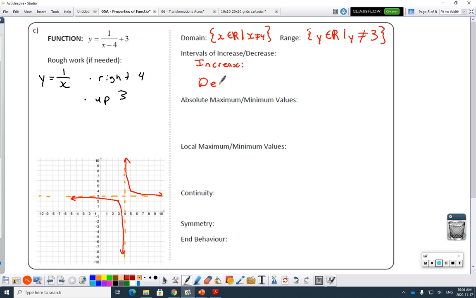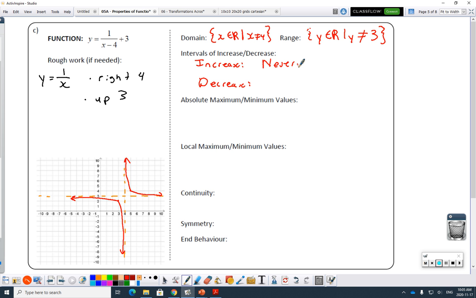And this is very weird too. Increasing and decreasing. The graph 1 over x, check out this part. Decreasing, always decreasing. This part always decreasing. This thing never increases. That's very strange when you look at it, because it looks like it's all over the place. But if you actually look at the graph, you'll see it always is going down. And it jumps here.